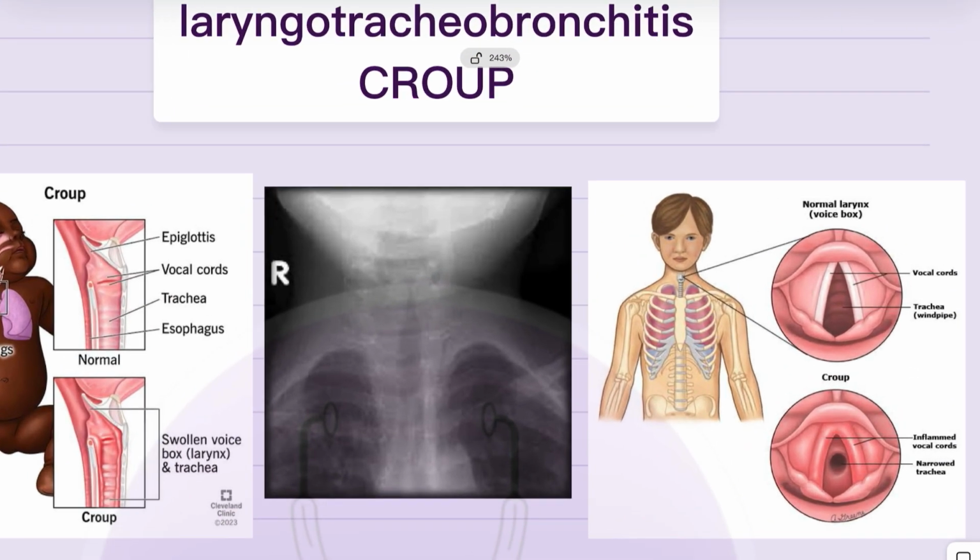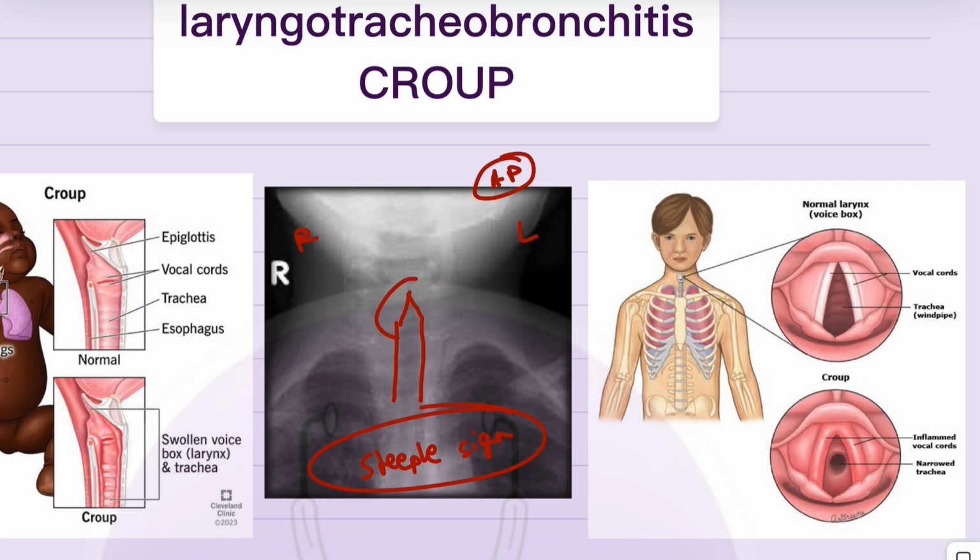Here in this radiological image, in the anterior posterior view, this is the right side, this is the left side, you can see this beautiful sign called the steeple sign. While differentiating croup from acute epiglottitis, we are going to check what kind of X-ray we are performing in acute epiglottitis, and we'll see the difference.